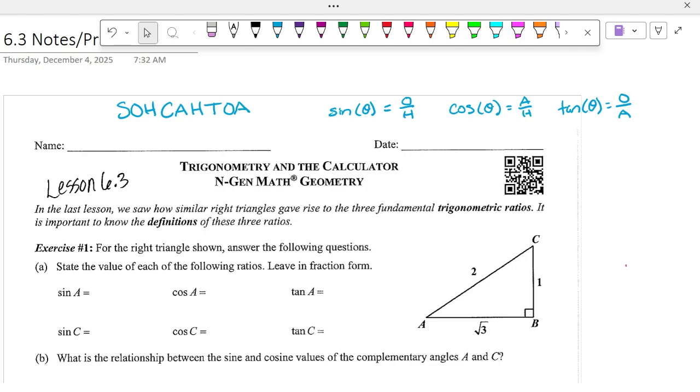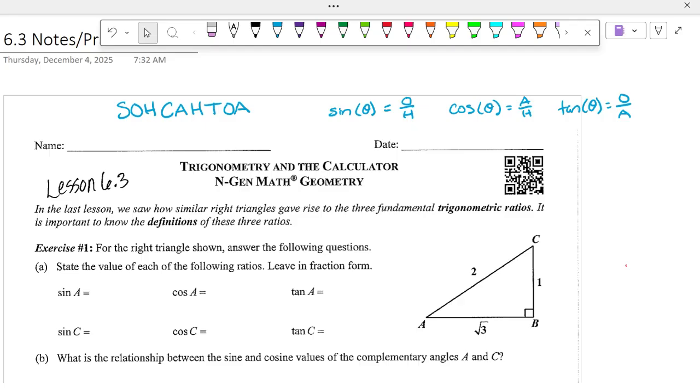Depending on your reference angle, that determines your opposite and adjacent. Your hypotenuse is always going to be across from the 90-degree angle. And by the way, your reference angle will hardly ever be your 90-degree angle. It's always going to be one of the acutes. It's very rare when it is, but it doesn't really do anything. It's still the same process.